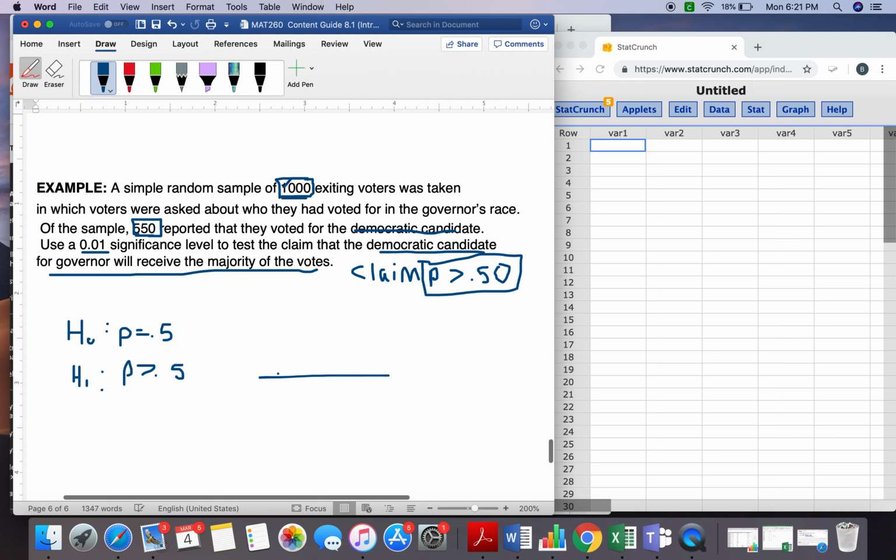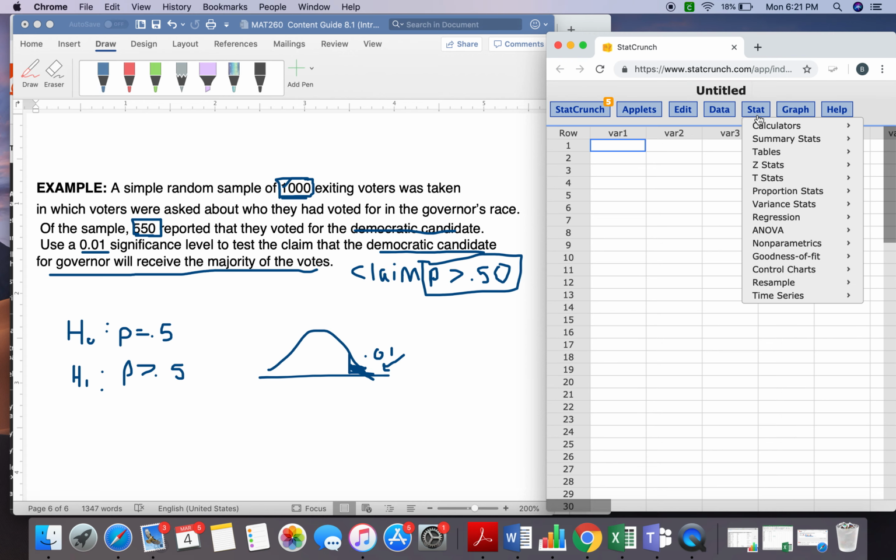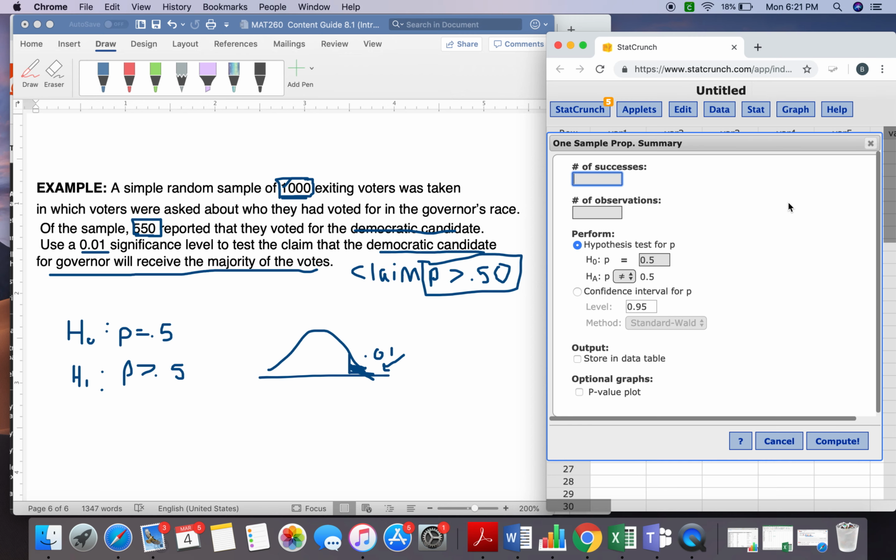So again, drawing out our curve. This time we're looking for greater than. So we're looking for an area of 0.01 up here. So again, we're going to go to stat, proportion stats, one sample with summary. Our successes was 550 out of 1,000 voters.